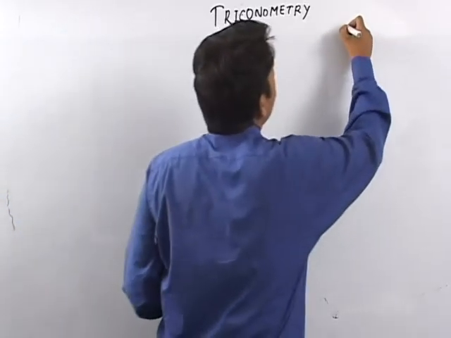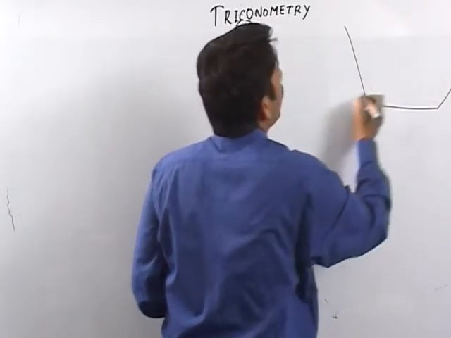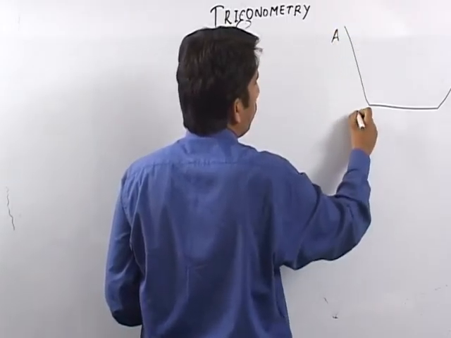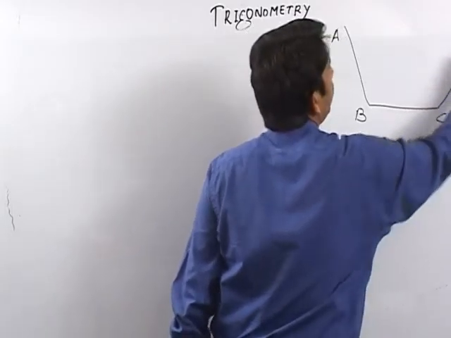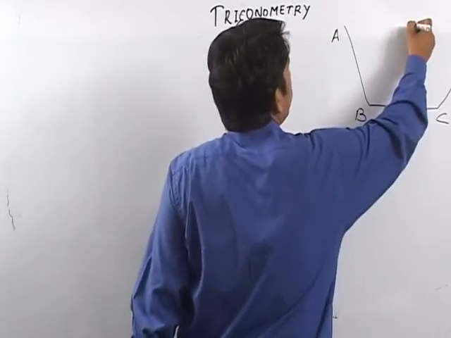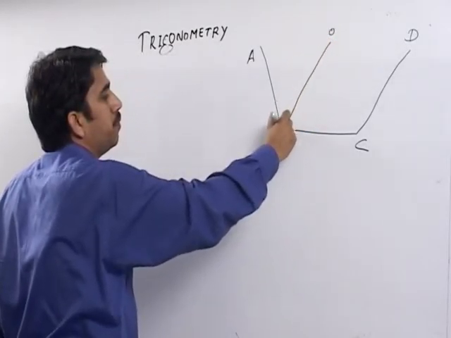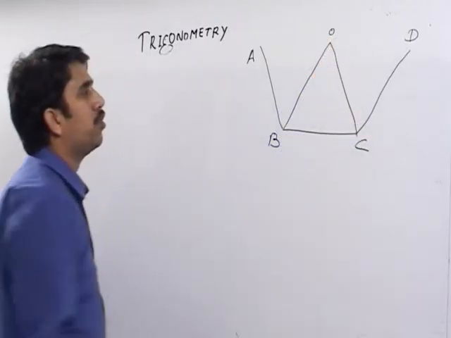So let us take these three sides of a regular polygon. Let this be A, B, C, and then D. And let this point O be the center of this regular polygon.